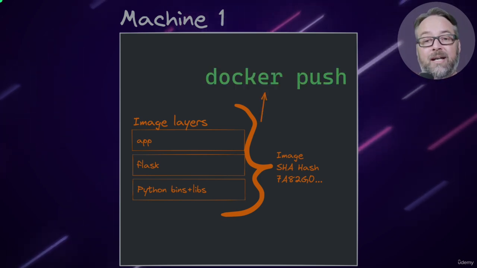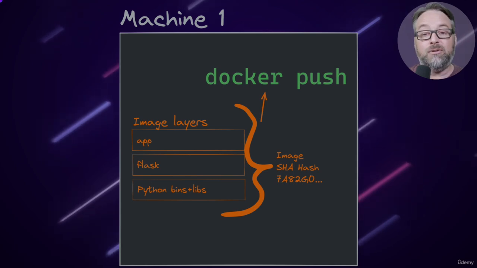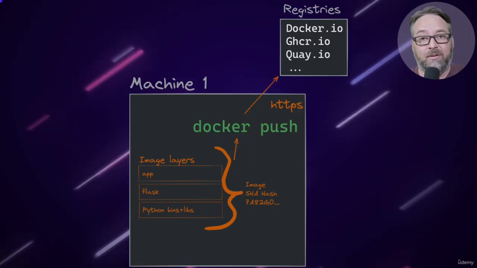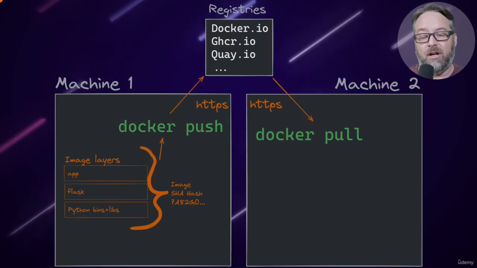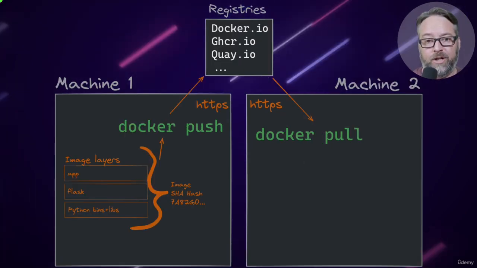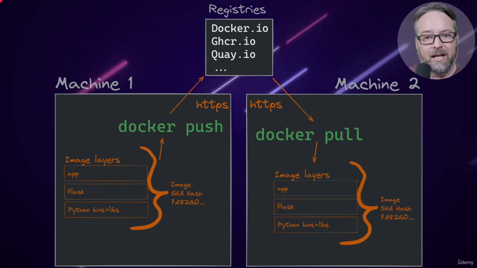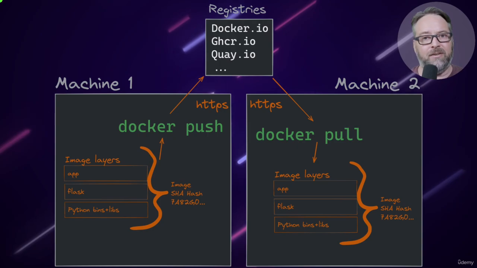We can use something like Docker push to take those image layers and push them up to a registry. You can use one of many registries, like I mentioned, but once it's there, you can then go to another machine and do a Docker pull, which will pull an identical copy of that image down on that machine, just like we had built it on the first machine.